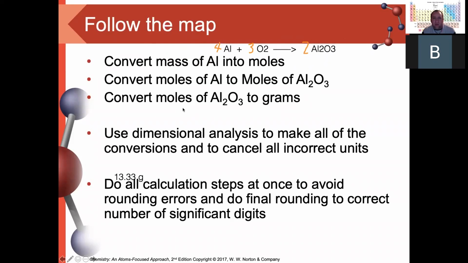My first step is to convert the mass of aluminum into moles. The second step is converting the moles of aluminum into moles of aluminum oxide. The third step is converting the moles of aluminum oxide into grams. Just a word of caution: every calculation step should be done at the same time. We should not be rounding in between our calculation steps, because additional rounding can create and compound errors, which could impact the accuracy of our final result.